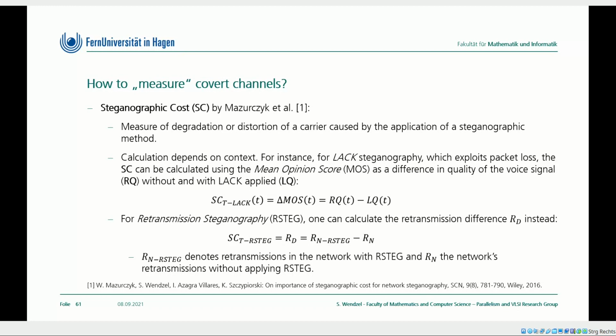We performed some experiments on retransmission steganography in a 2018 paper over different internet connections, and it's highly heterogeneous how many packets are actually dropped.